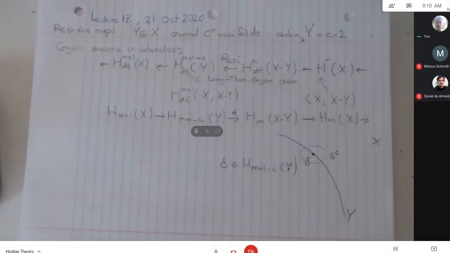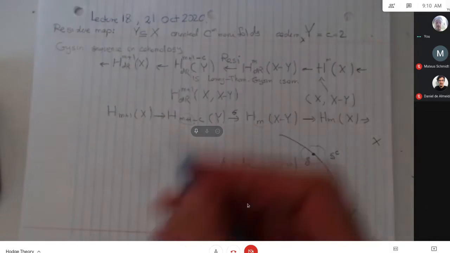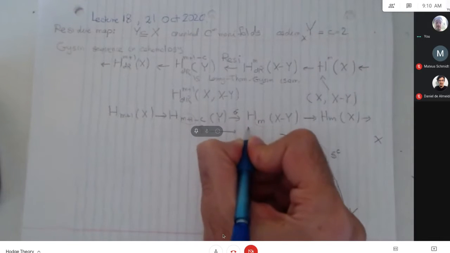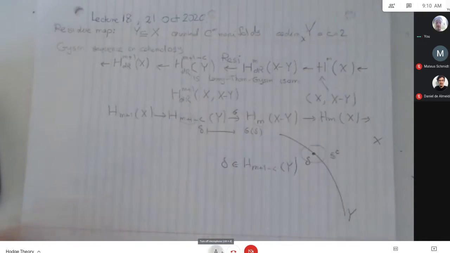Okay, anyway, then this delta going to sigma delta is constructed in this way.